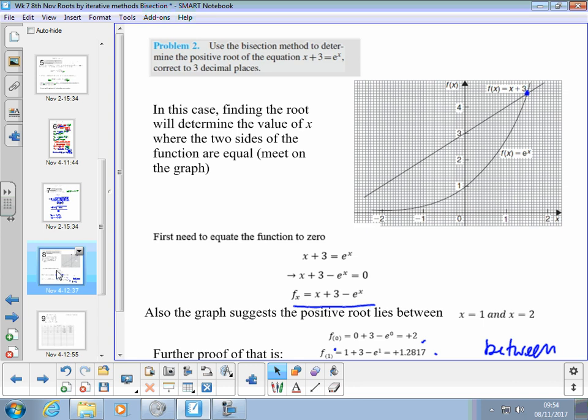If I graph x plus 3 minus e to the x, that'll shift, that'll draw the x-axis at that root.